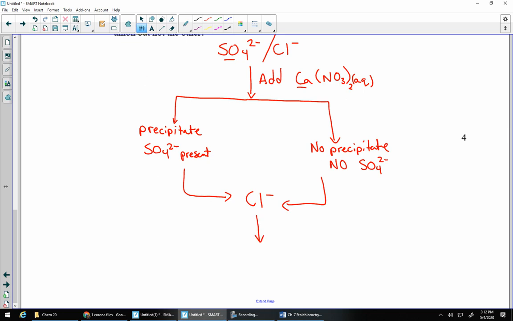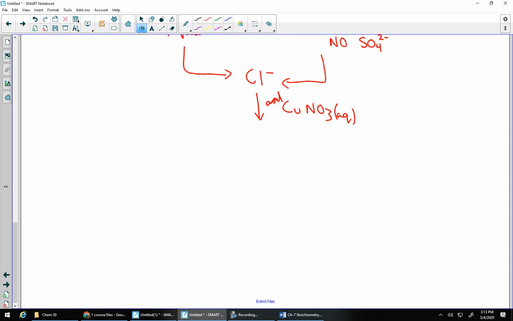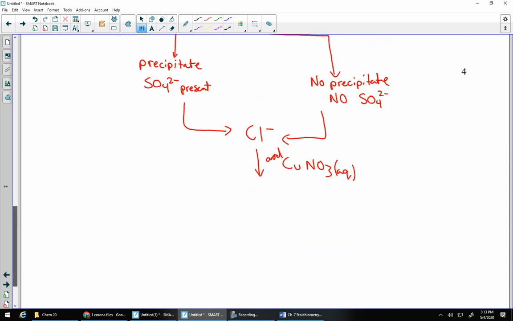So what we're going to do is add those copper 1 ions. So let's do CuNO3 again. So we're going to add CuNO3 aqueous. And again, if there are chloride ions present, we will have a precipitate.